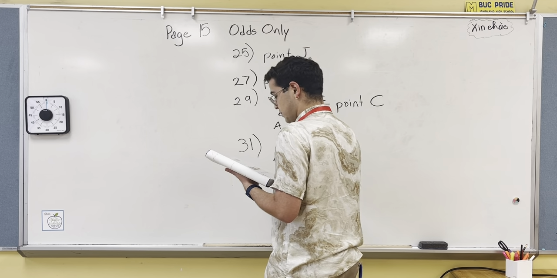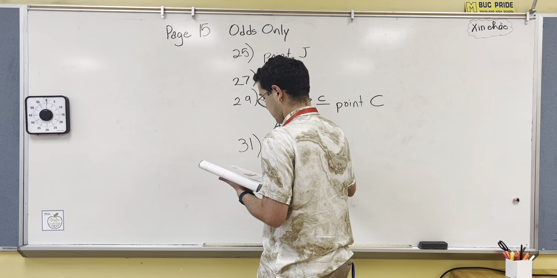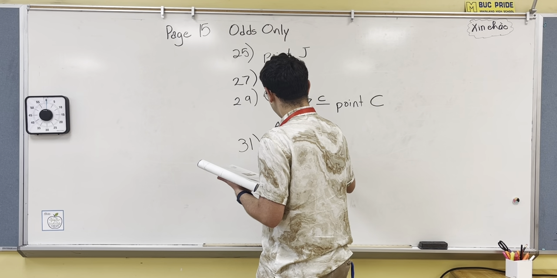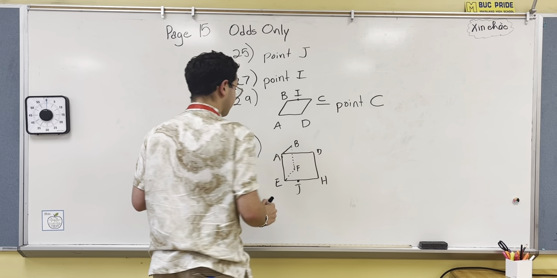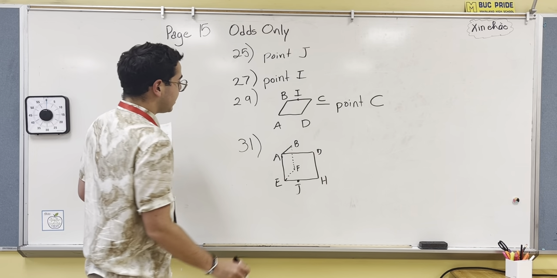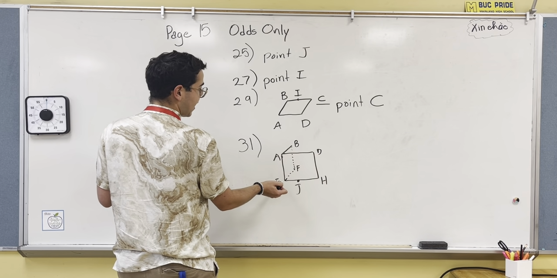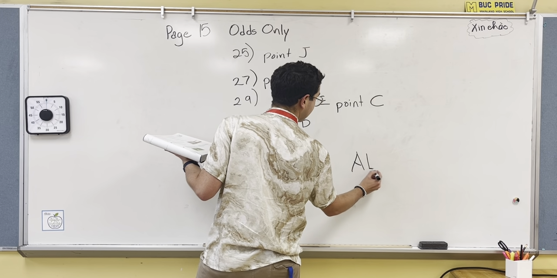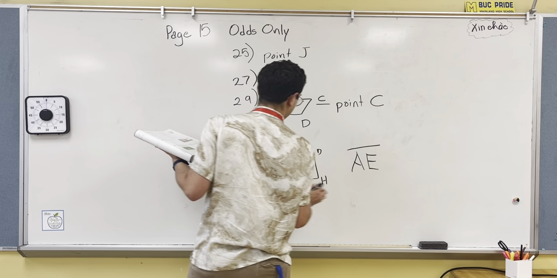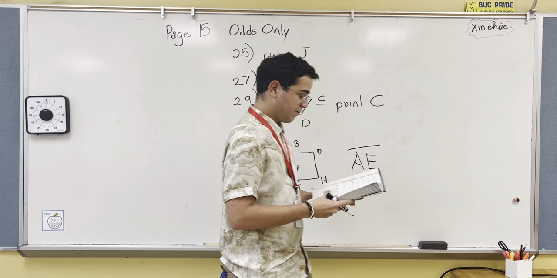F, B, great. So as you can see, plane EFB intersects the other plane on line segment AE. Starts here, ends here, line segment AE.